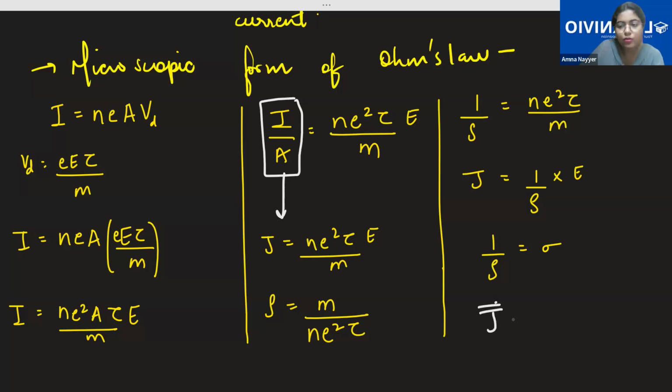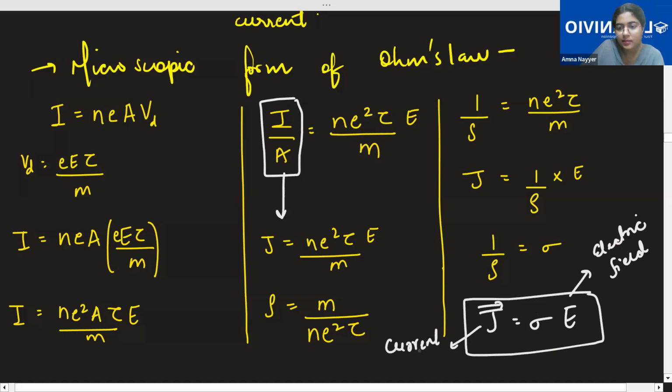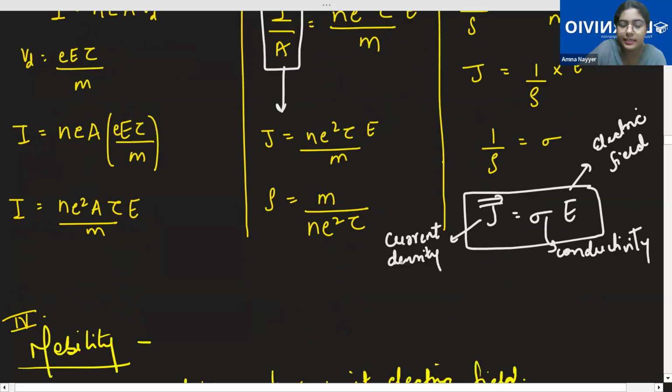So the microscopic form of Ohm's law is the conductivity multiplied by the electric field: J equals sigma E. E is the electric field, J is the current density, and sigma is the conductivity. This derivation comes a lot in the exam to write.